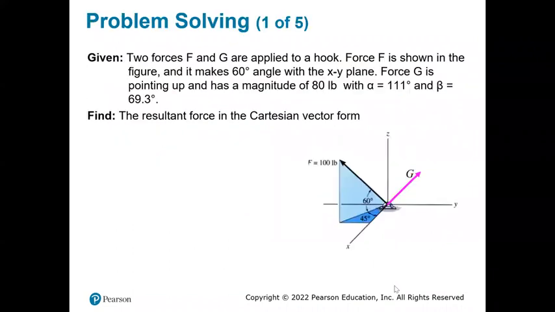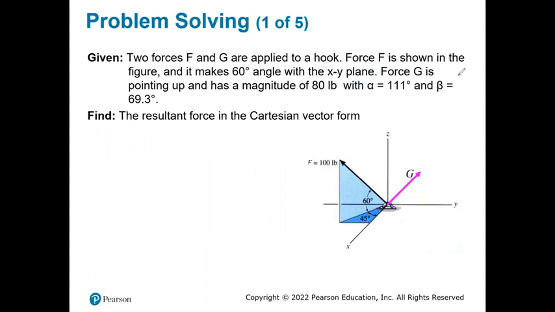Okay, let's look into this problem. We have two forces F and G. F is 100 pounds and then you have the G force. The force F is shown and it makes an angle of 60 degrees with the XY plane. So that is a projection angle. You are not given the coordinate angle because if it were a coordinate angle, they would have given it like alpha, right?